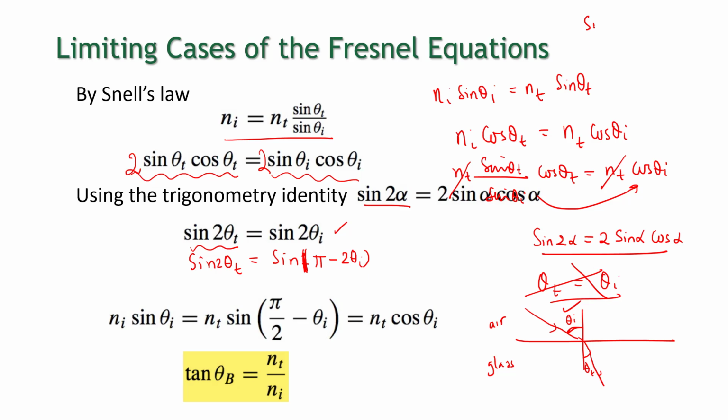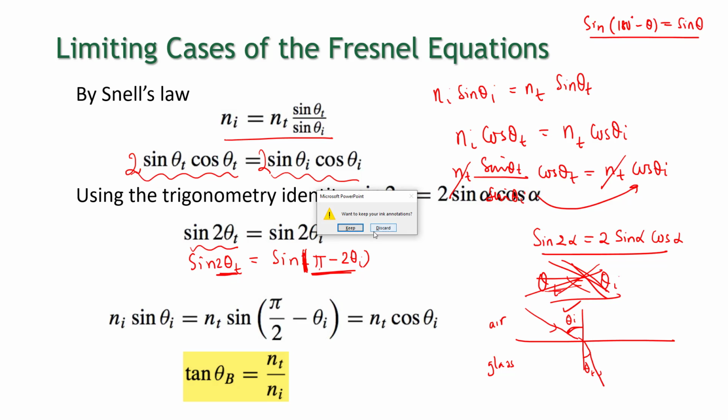Because we know sine of pi, or 180 degrees, minus theta is sine theta. That's true, right? That means I can write sine 2 theta i is equal to sine of 180 degrees minus 2 theta i, because they are the same thing. Now if I do that, then I can equate these two things. I can equate this and that. Now this will not be the result of this. Let's discard that.